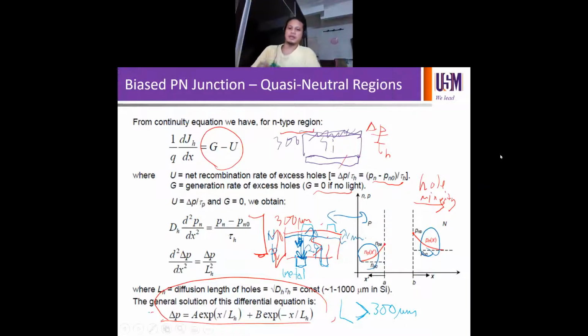Right, Faika, what do you think? Maybe yes. Okay, Faika said yes, maybe yes. All right. Who else? Any other ideas? Is it possible to have a junction at the back instead of at the front?